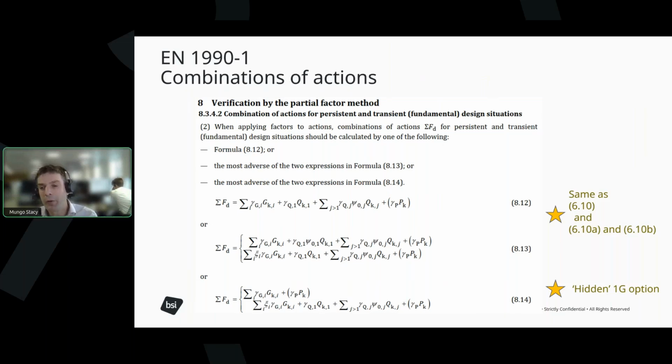We've also got those equations 6.10a and b, now formula 8.13, which gives the slight reductions with reduction factors either on the permanent action or on the leading variable action. Those remain in place. So there's some reassurance there, as Steve said earlier. Eurocodes in second generation are an evolution, not a revolution, and these fundamentals of how we apply the partial factor method remain the same in second generation.